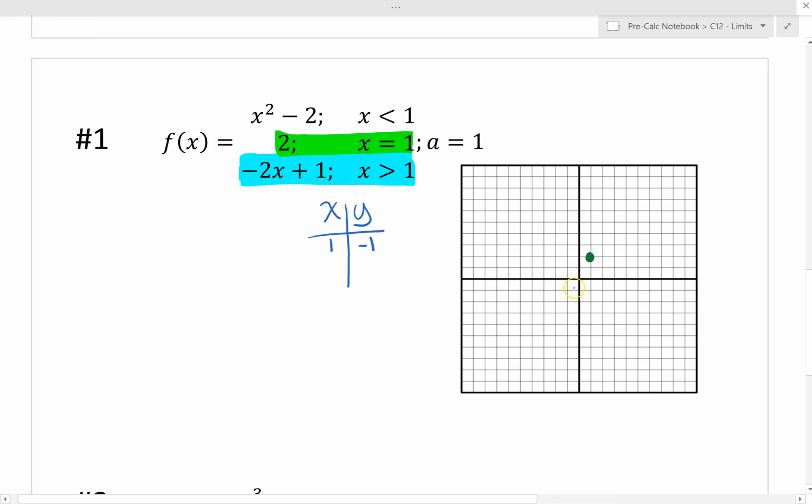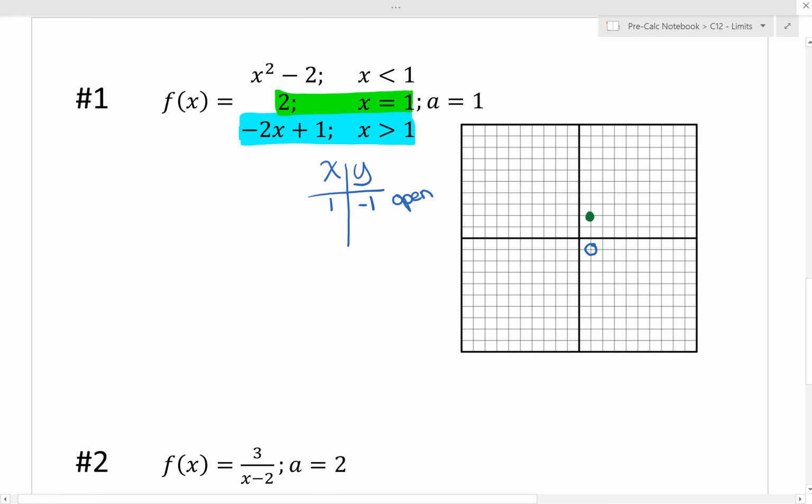So that means we are going to have an open circle because it's not going to be equal to it. Then from here, you can keep going in the positive direction. So that means my next one would be a 2. And you can plug that in and get a -3. Or I know some of you guys like to go use your slope of a -2. So therefore, we would just go backwards 2. And then we would draw our line.